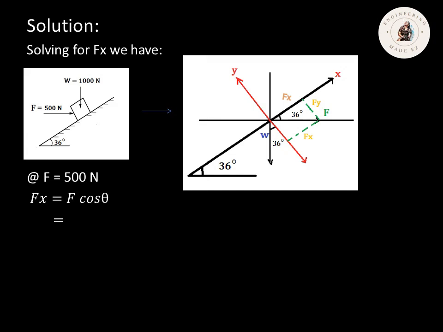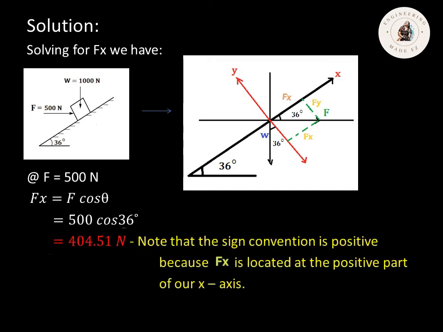That's why we have Fx is equal to 500 multiplied by cosine 36 degrees. Using our calculator to compute for our Fx, we have Fx is equivalent to 404.51 Newton. Take note that the sign convention here is positive because Fx is located at the positive part of our x-axis.